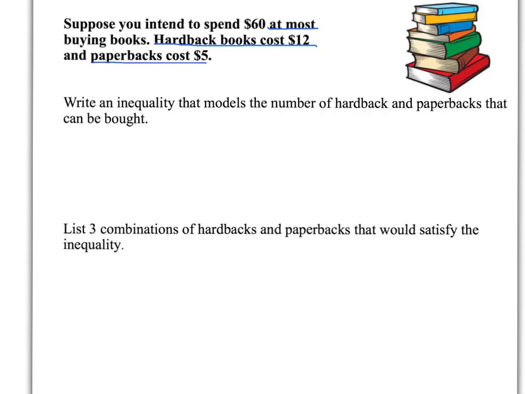So we're going to have two variables in our inequality. To represent this, I could say that the hardback books cost $12, so 12H, and I'd add that to the paperbacks, which would be $5 P. I'll use P to represent paperbacks. Now what I spend on those books, it cannot be more than $60, but it could be equal to it.